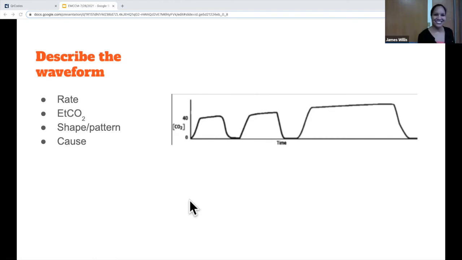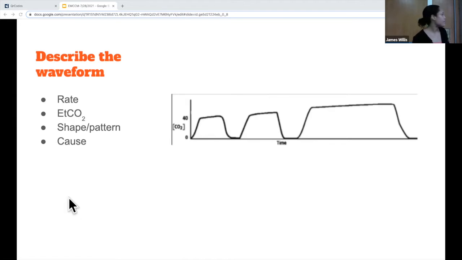The rate is variable, and also the expiratory phase, the alveolar phase, is variable. It seems to be prolonging as the breaths continue, with longer expiratory phases. Yeah, exactly.